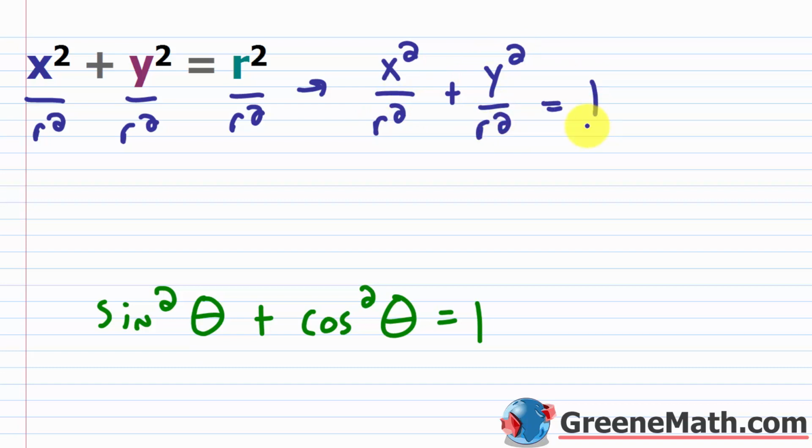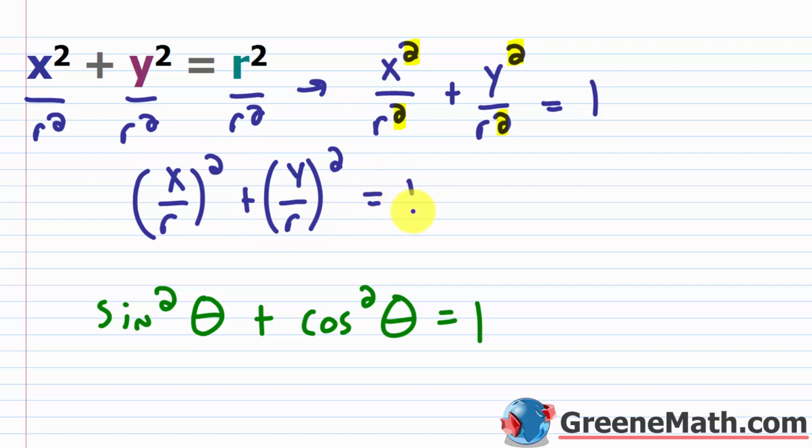Now using the rules of exponents, I have a 2 as an exponent on each of these, so I can pull that outside a set of parentheses using my power rules. So I can say this is x over r, this amount squared, plus y over r, this amount squared, equals 1.